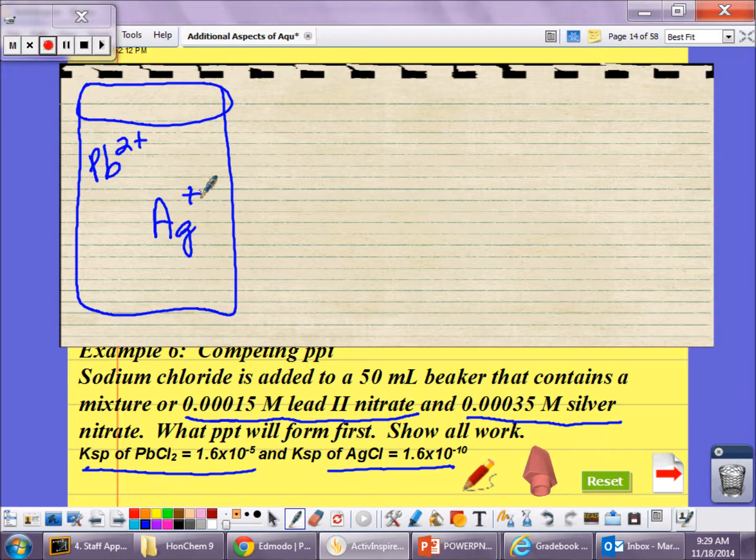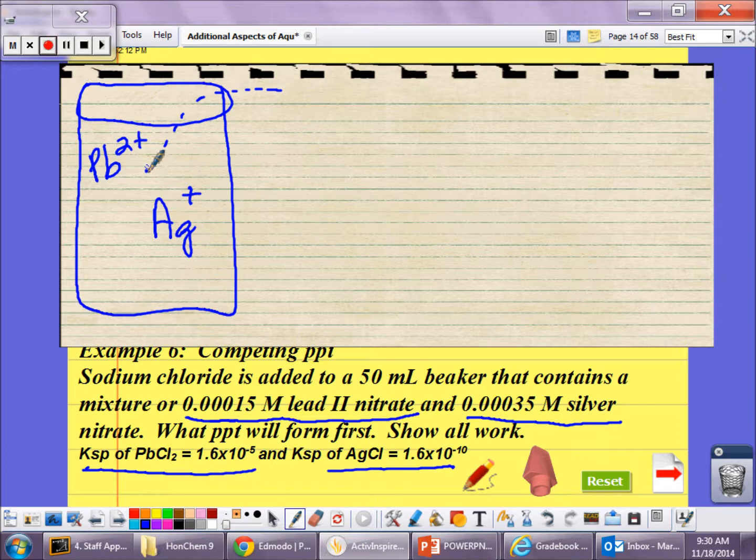Now, this is the question. They say sodium chloride, that means NaCl, is added. You already have that beaker with two of those ions and the nitrate, and you are adding sodium chloride, but I do not care about the sodium.